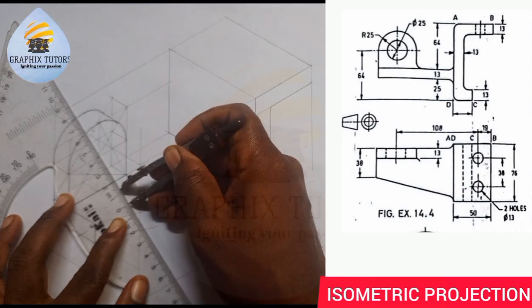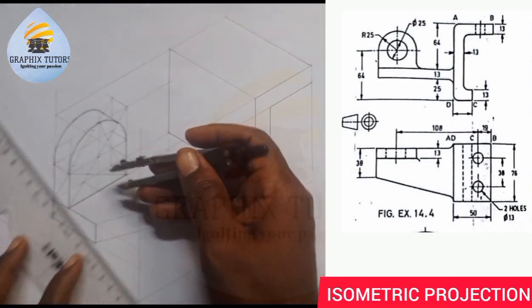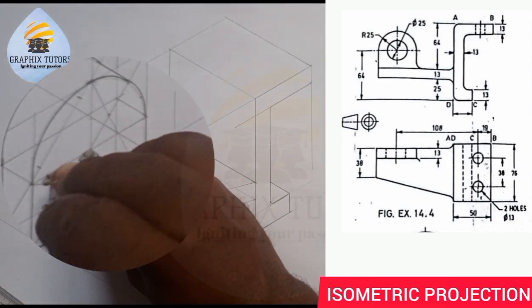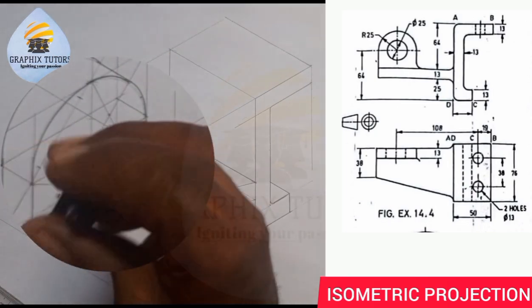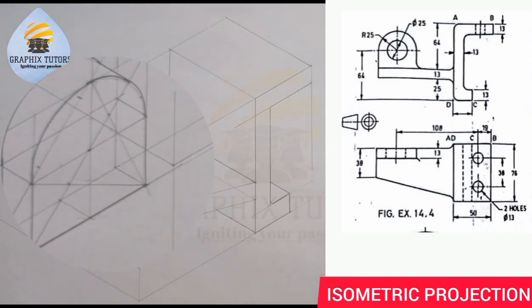Is there 12.5 here? So I'll place at the center. I'll mark up, mark left, mark right, and mark the bottom. All together, and I'll use it to form a box out.